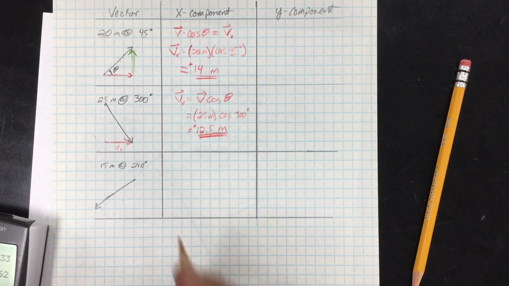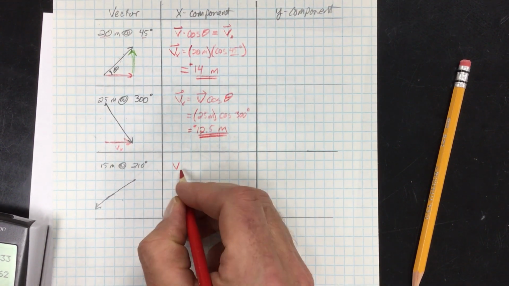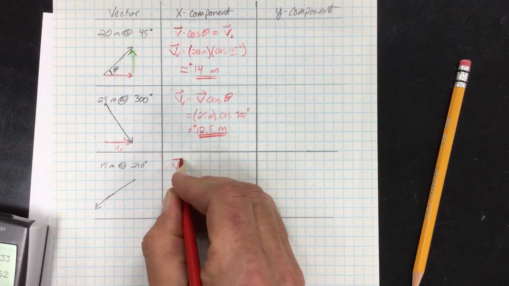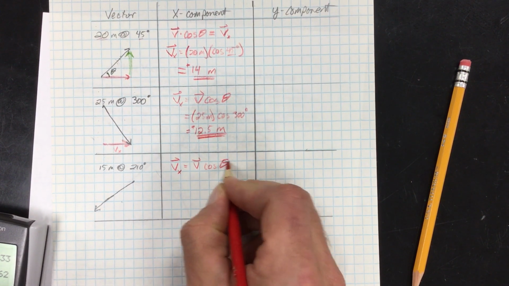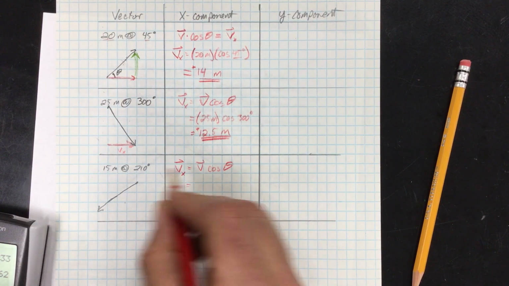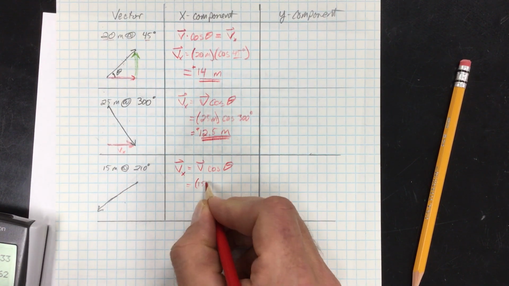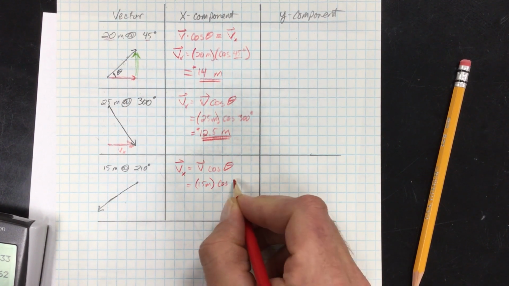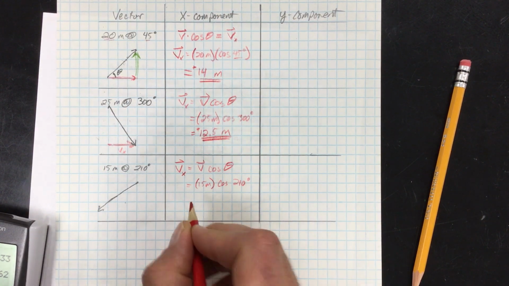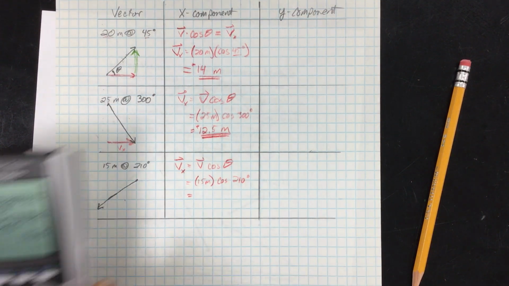All right, now I'm going to do that last one. Again, the x component is going to be equal to the original vector times the cosine of the angle. In this case, 15 meters times the cosine of 210 degrees equals.